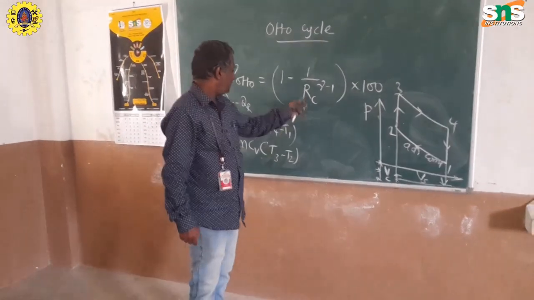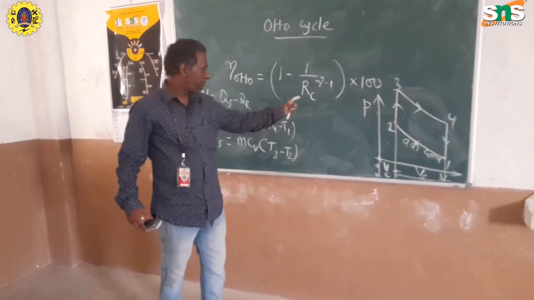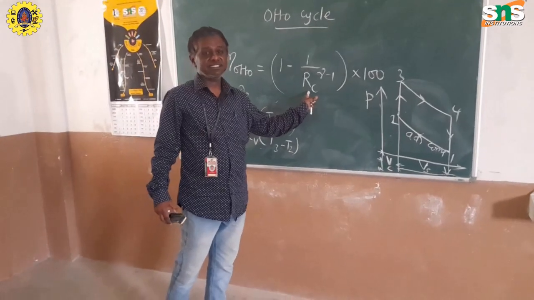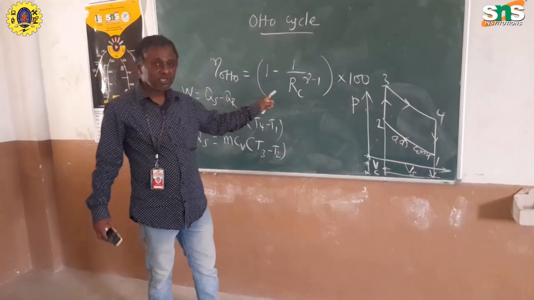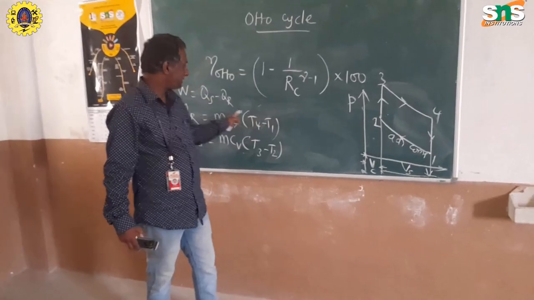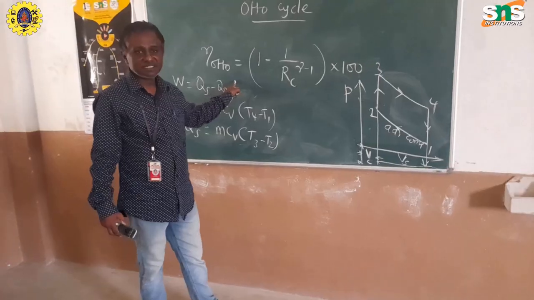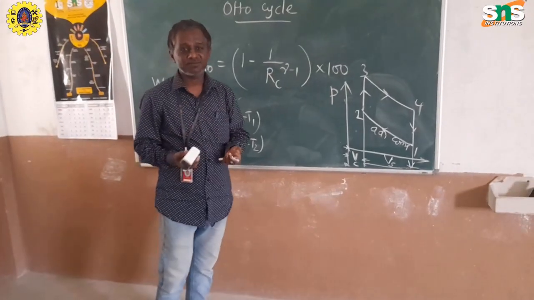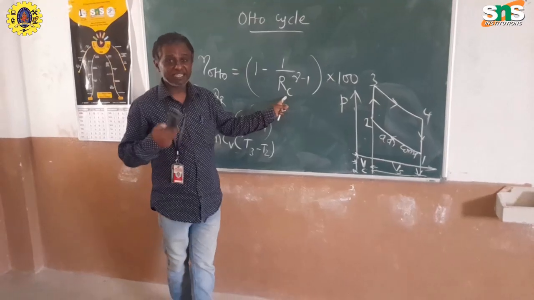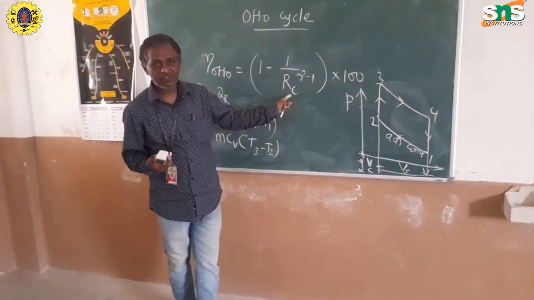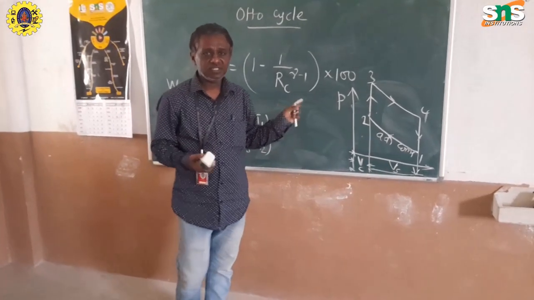Now we are going to look at the particular parameter called rc, that is the compression ratio, because compression ratio is the one and only parameter which reflects the efficiency, whether increasing or decreasing. That is the significance of compression ratio in the Otto cycle.